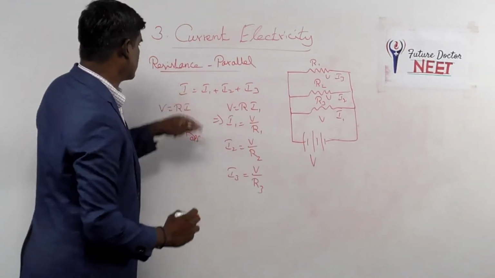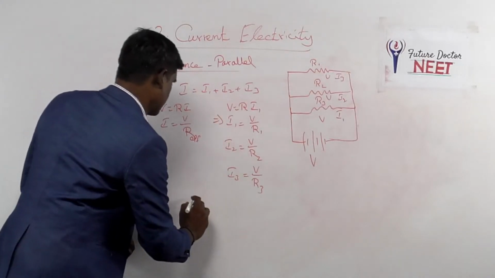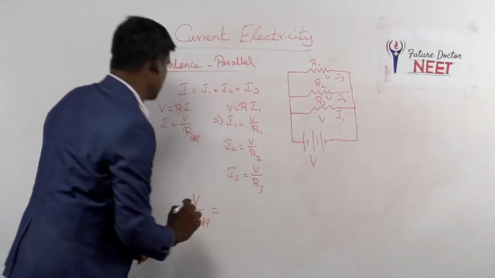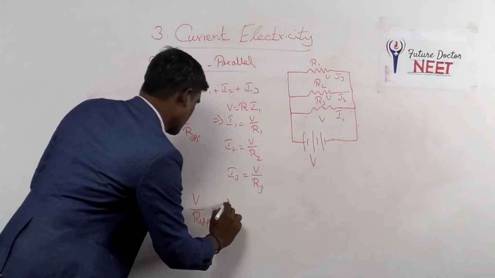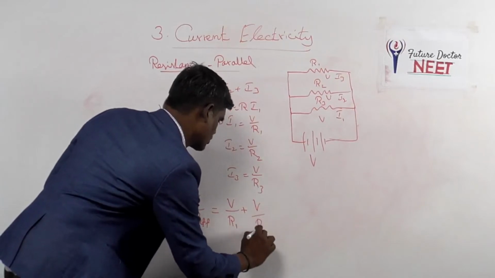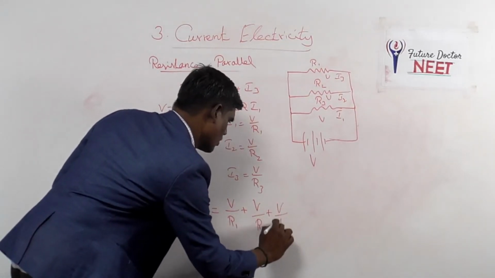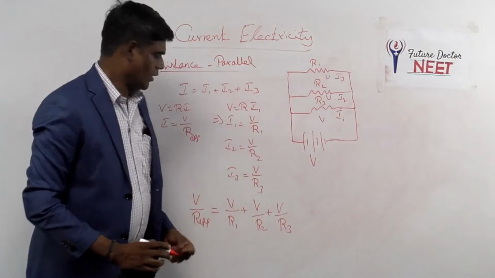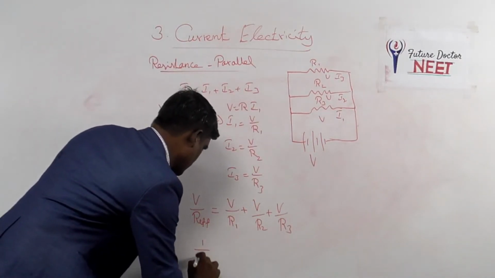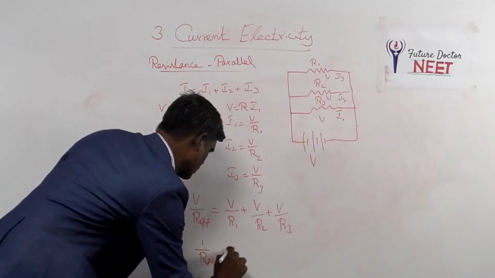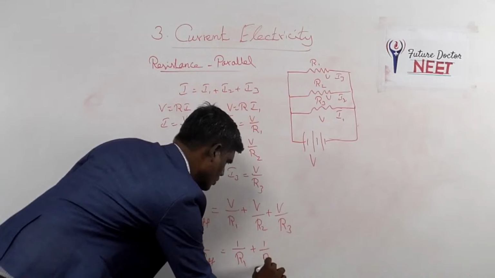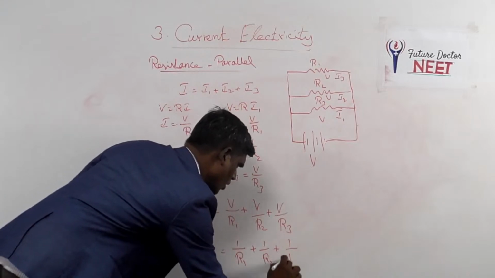So V by R effective equals V by R1 plus V by R2 plus V by R3. V is common, take out, V gets cancelled. Then 1 by R effective equals 1 by R1 plus 1 by R2 plus 1 by R3.